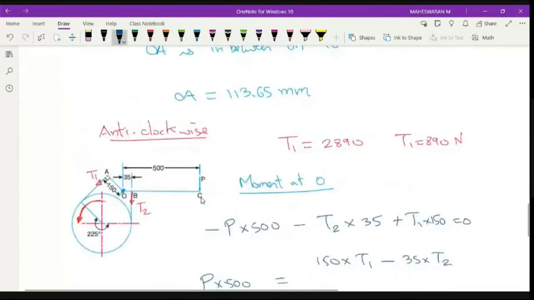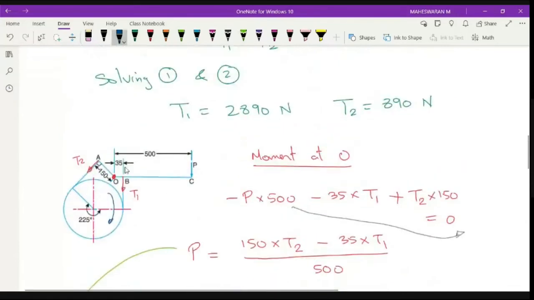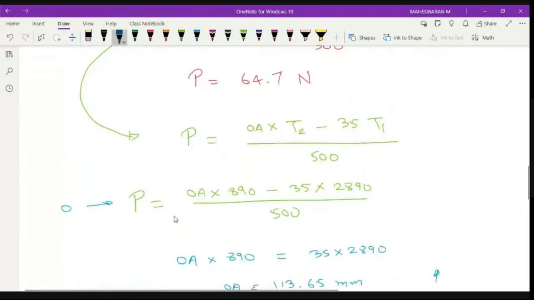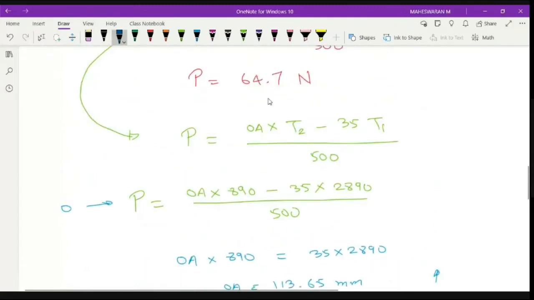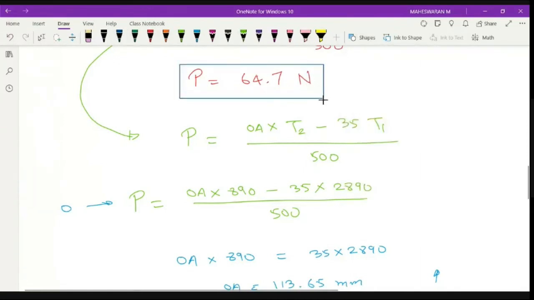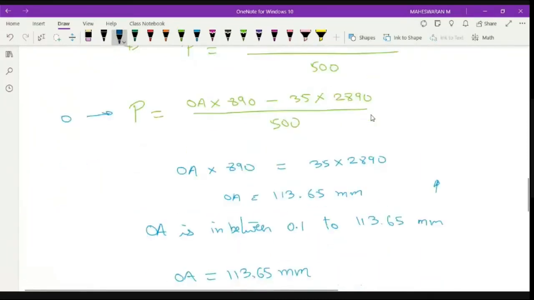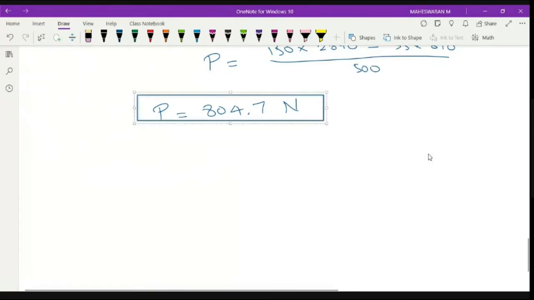Let us discuss a few more things. When it is rotating in clockwise, you are getting P as around 64. When it rotates in anti-clockwise, you are getting P as around 804.7.